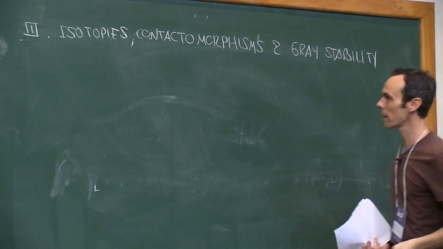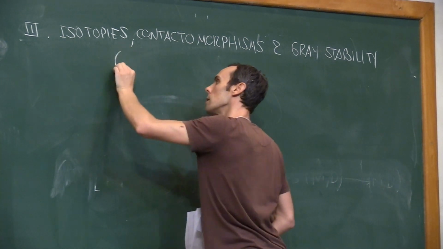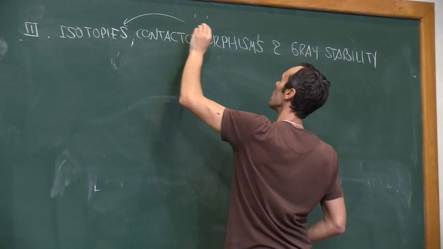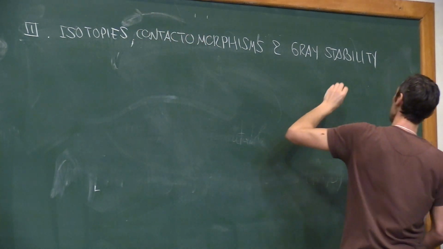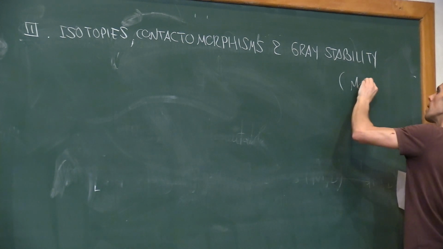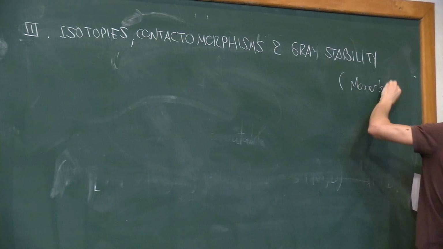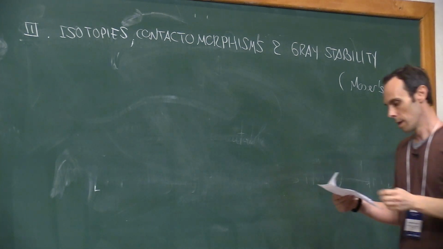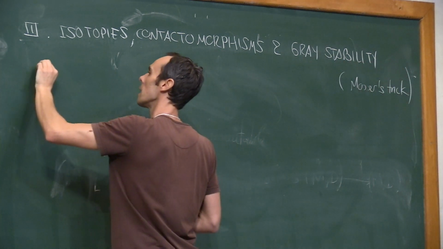And essentially, if one can summarize, at least the part that concerns isotopies, it is almost all in, let's say, Moser's trick in contact geometry. So this is really about the version of Moser's trick that we have for this kind of geometry. So again, very briefly.